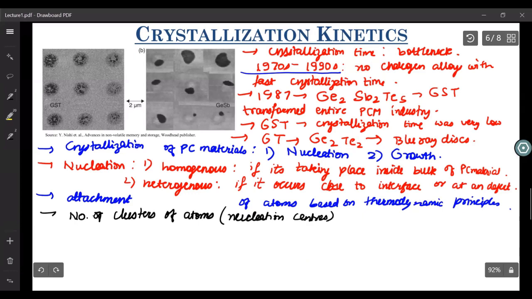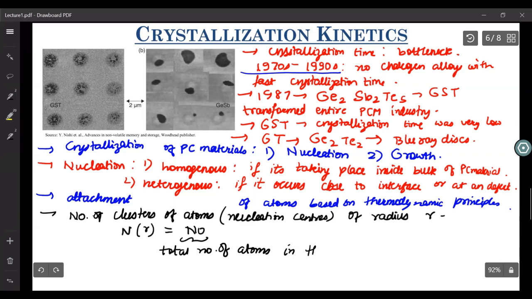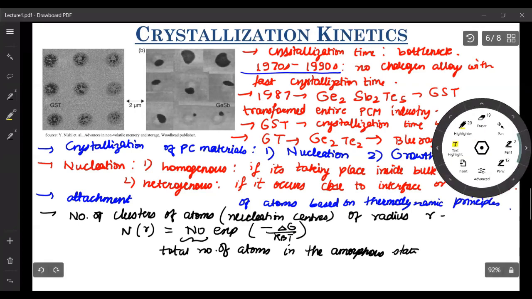What people found was that the number of clusters of atoms of radius r can be given by a formula: n(r), where n represents the number of clusters of radius r, is equal to n0, where n0 is the total number of atoms in the amorphous state, times exponential of minus delta G divided by kB T. So I brought this Gibbs free energy term here.